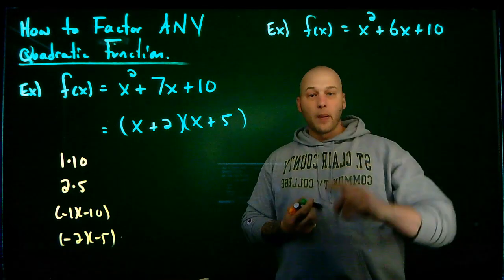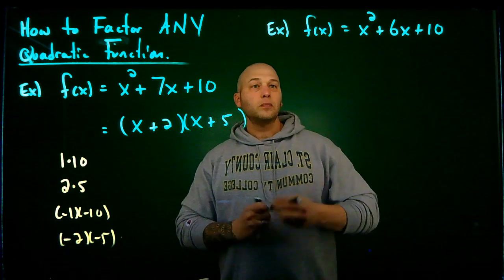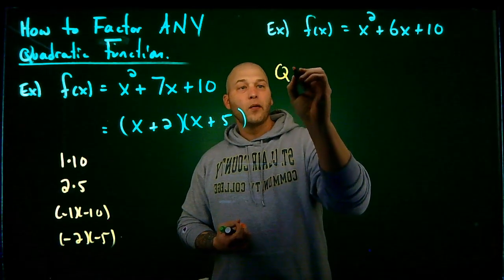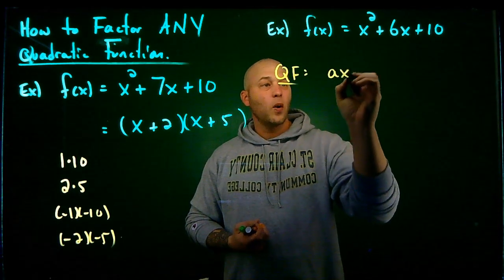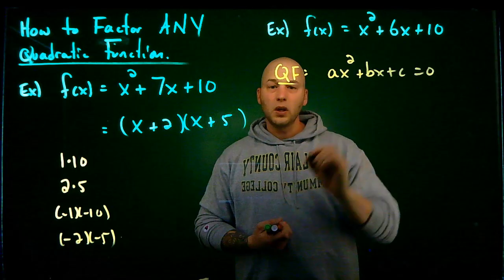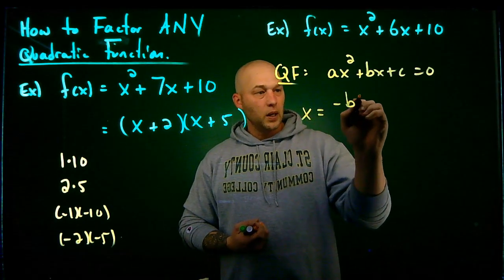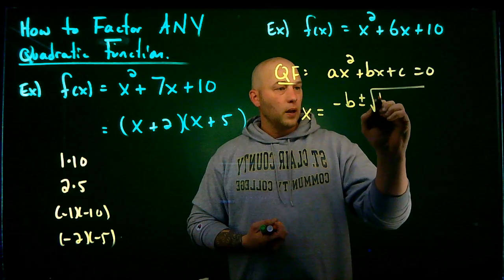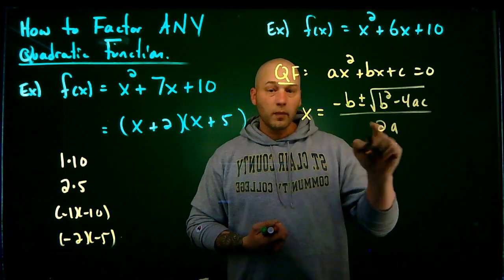Well, how do we come up with the numbers that would go here? Here's how we do this. Remember the quadratic formula? It says if I've got a quadratic equation, ax squared plus bx plus c is equal to 0, then the solutions are negative b plus or minus the square root of b squared minus 4ac, all over 2a. Remember that guy?